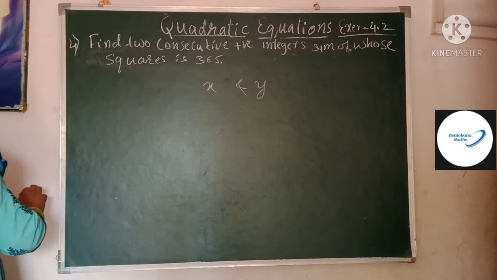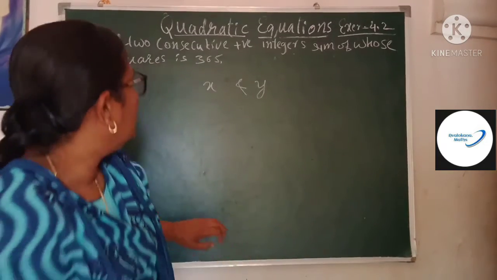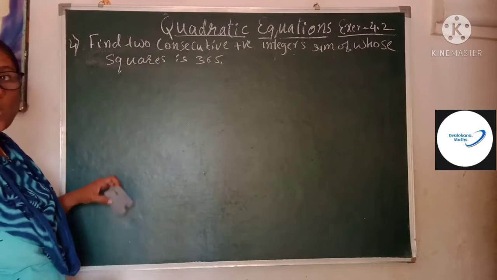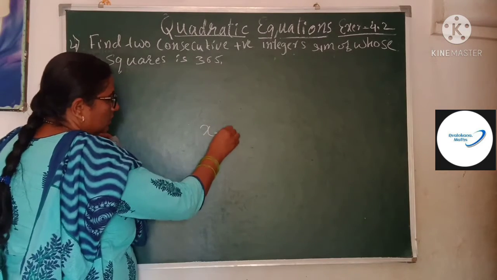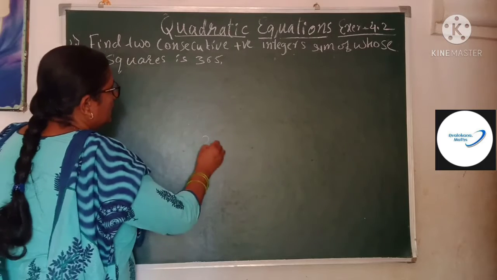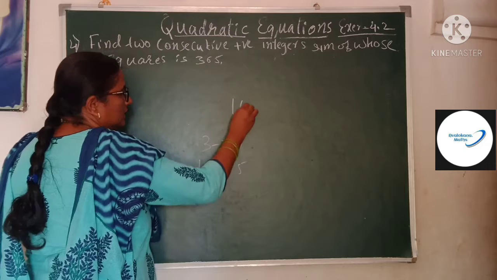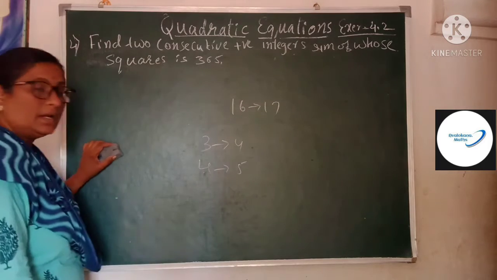Consecutive numbers means you must follow the condition. Consecutive numbers means you are taking the numbers as x, and the next to that one is x plus 1, because I explained consecutive numbers in the previous exercise. Consecutive of 3 is 4, consecutive of 4 is 5, consecutive of 16 is 17. The consecutive is the immediate next number.